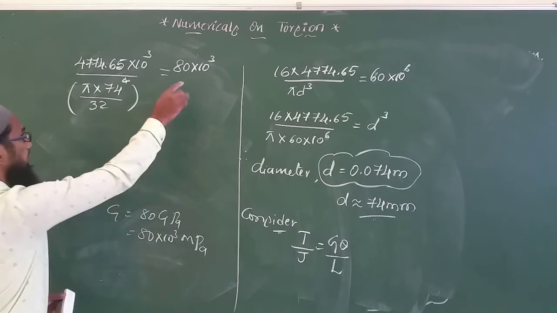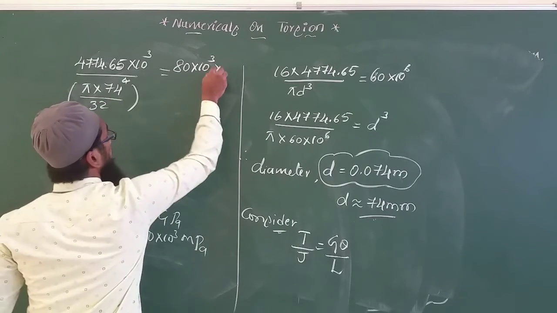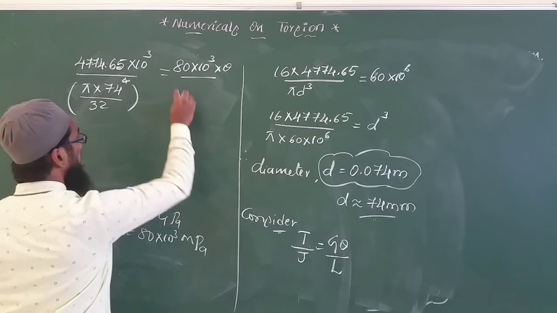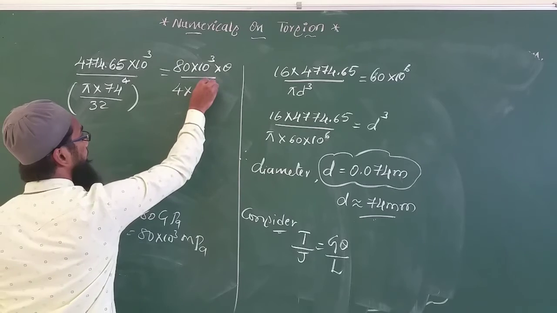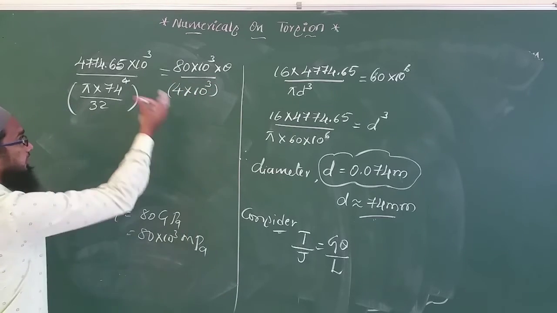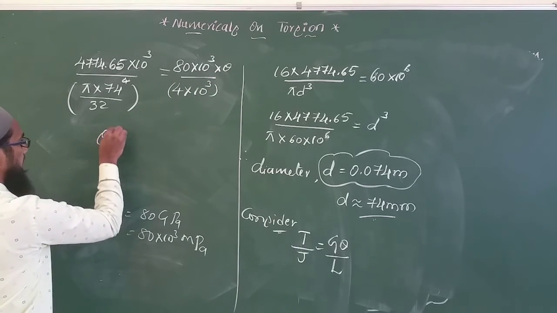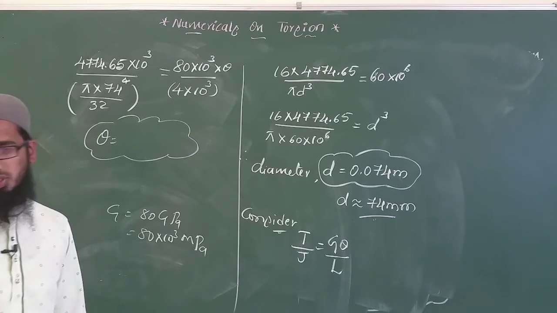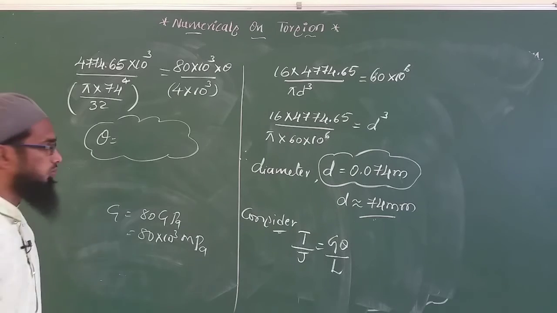That's why I have taken 80 into 10 power 3, into theta, by the length of the shaft, which is given as 4 meter. I'll take it in mm, that is 4 into 10 power 3. Once we simplify, we get theta, the angle of twist in radians, and the value I am getting is 0.081 radians.